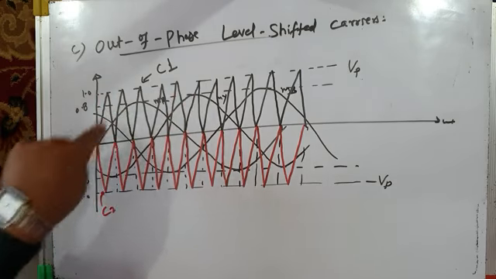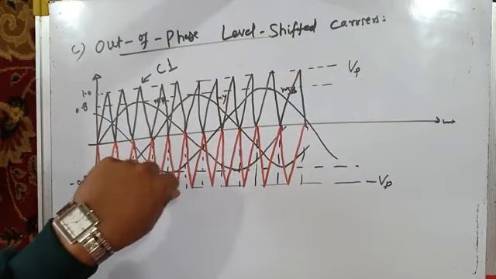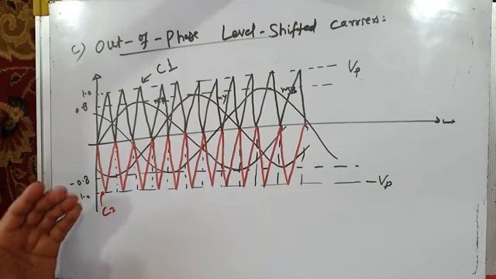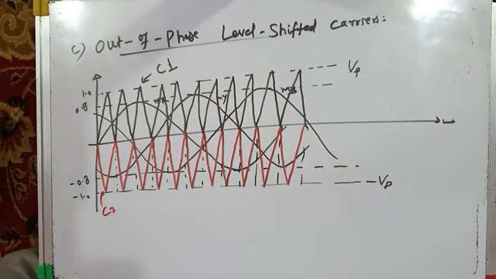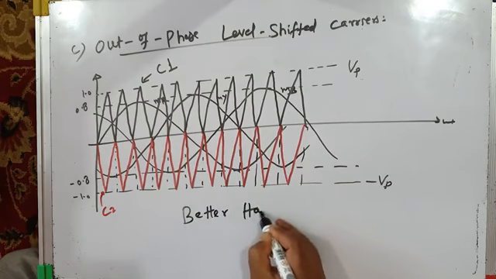Then use sinusoidal PWM with out-of-phase level-shifted carriers like this, and simulate your inverter again, and you will see that it gives better harmonic spectrum or better harmonic performance.